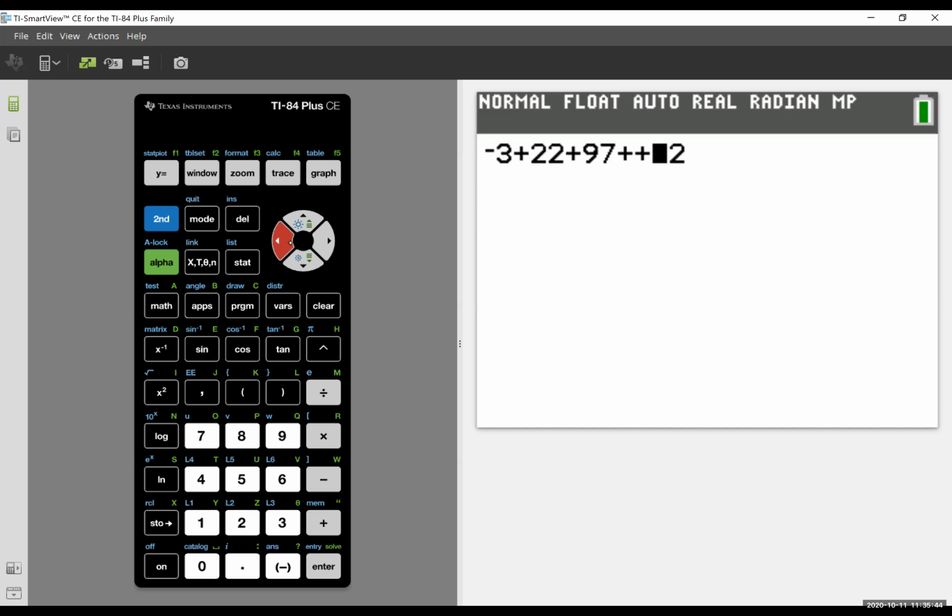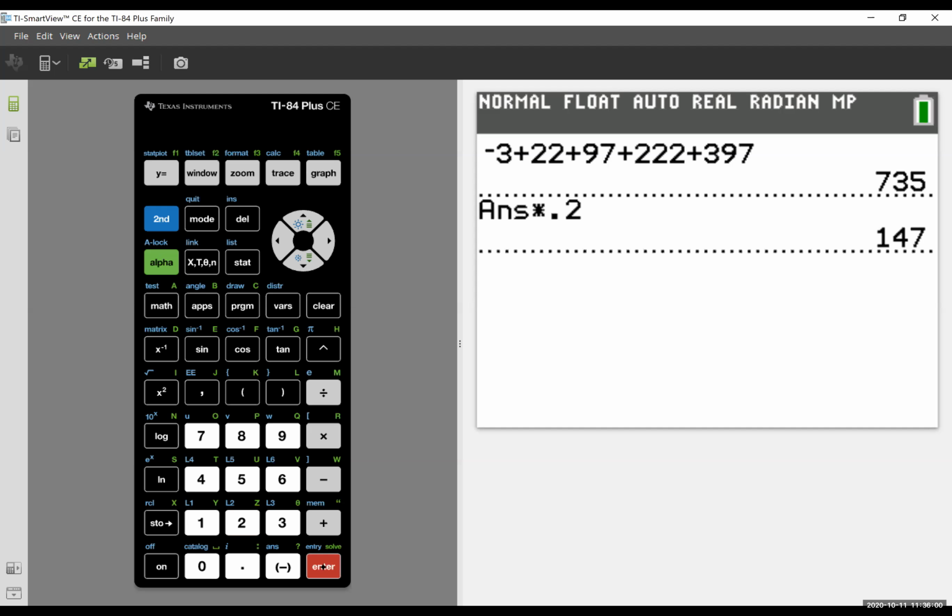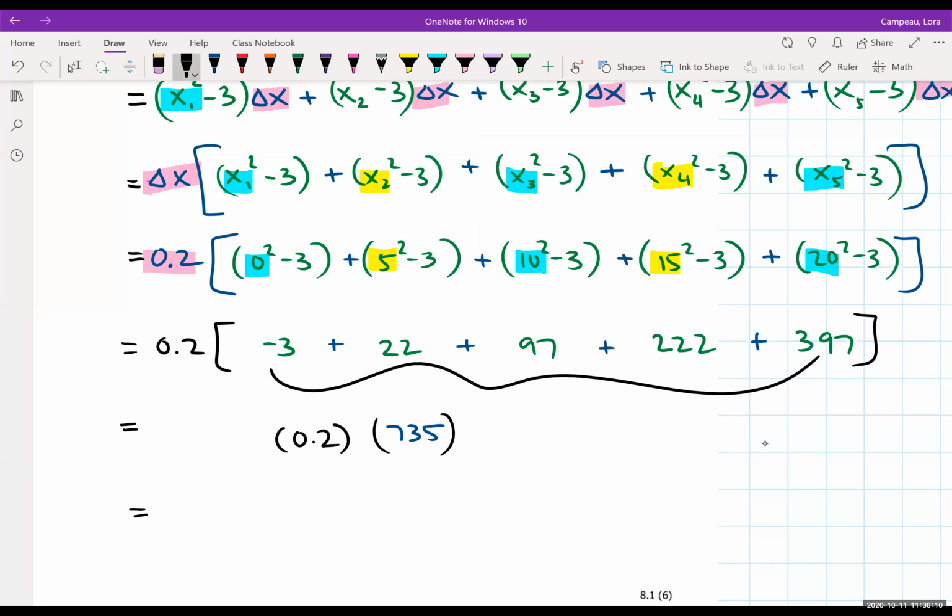Oh, careful, there's an extra plus sign. Plus 397. So that is 735. If you multiply it by 0.2, we end up getting 147. I'll switch that back over. We were correct. The value of our problem is 147.